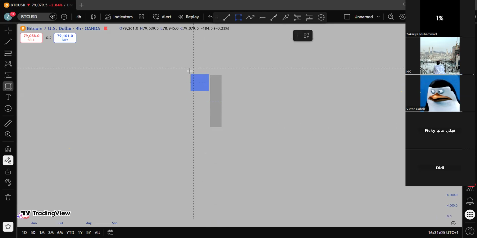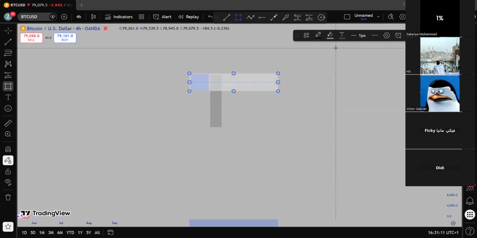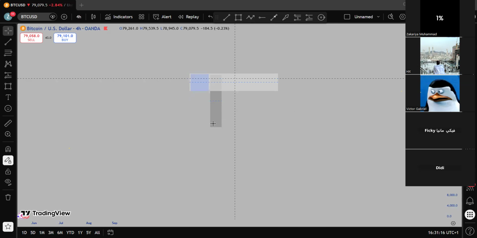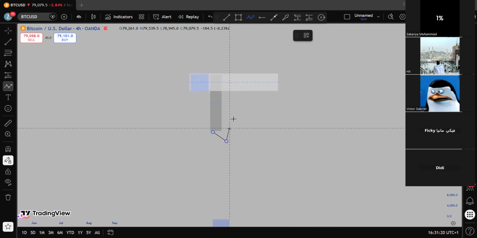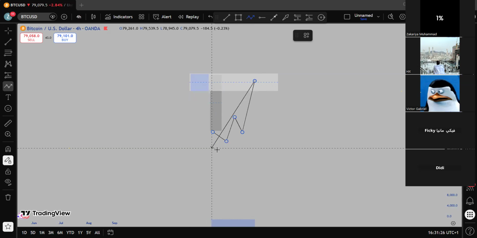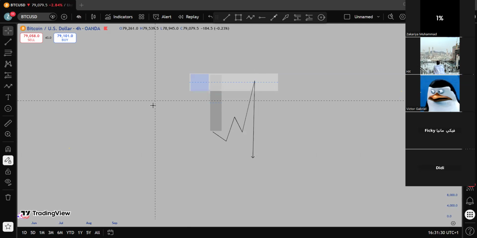And to mark your order block, you mark this bullish candle. This is your bearish order block. So anytime the market returns to this zone, we expect the same orders that had been executed and caused this massive sell to happen again. This is the psychology behind an order block.